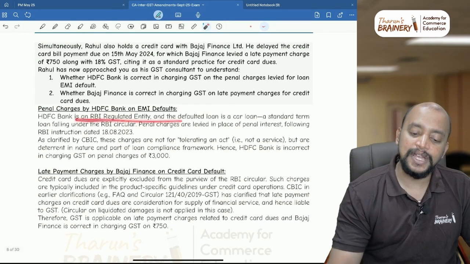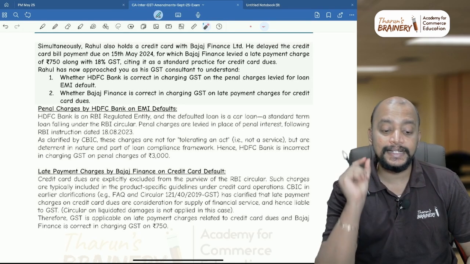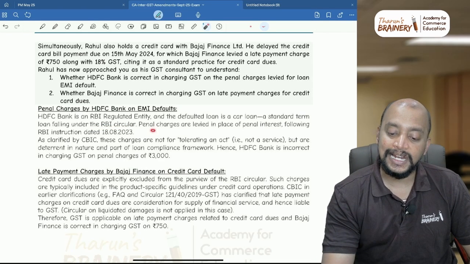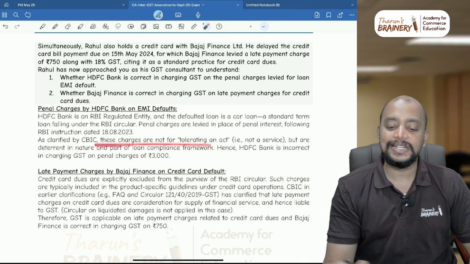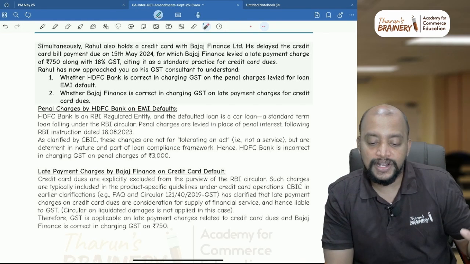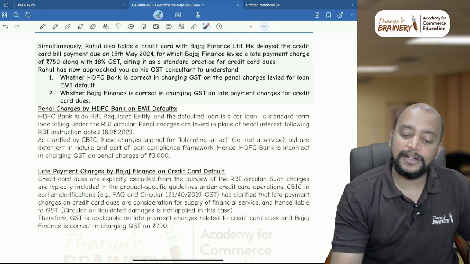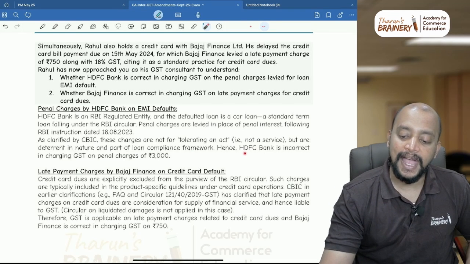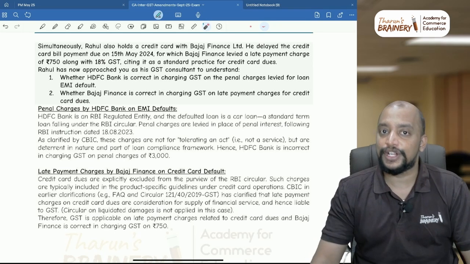HDFC Bank is an RBI regulated entity and the defaulted loan is a car loan, a standard term loan falling under the RBI circular. So penal charges are levied in the place of penal interest. As clarified by CBIC, these charges are not for tolerating an act but are deterrent in nature and part of the loan compliance framework. Hence, HDFC Bank is incorrect in charging GST on penal charges of 3000 rupees.